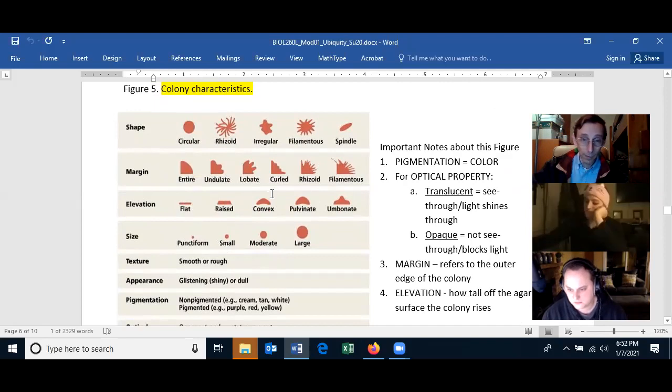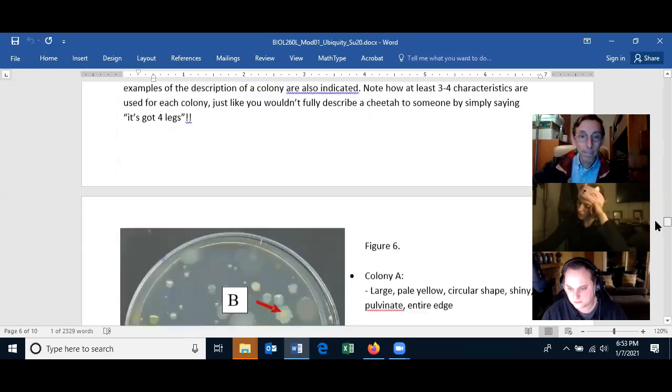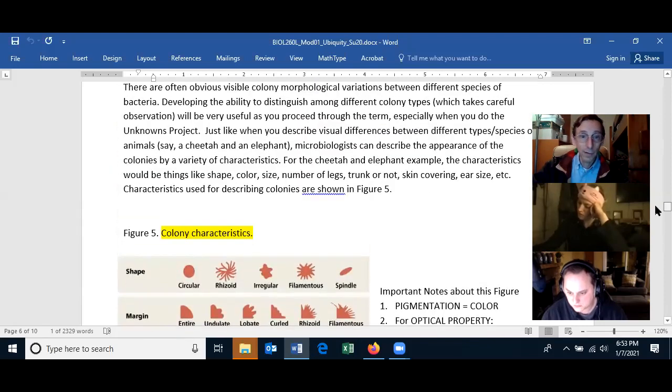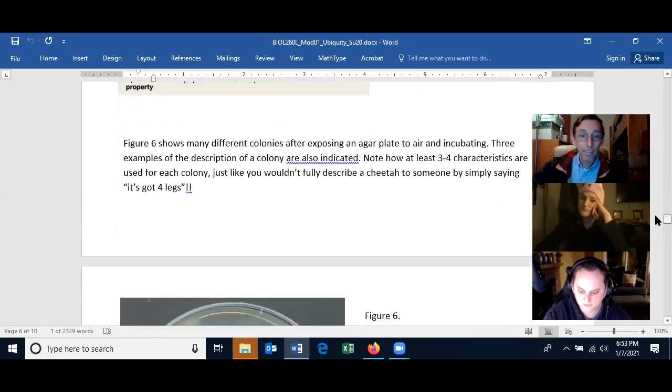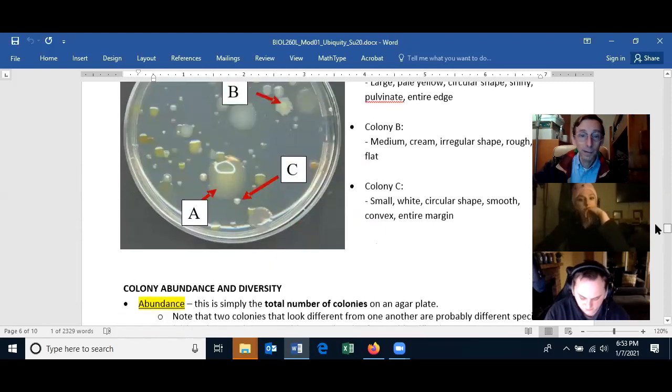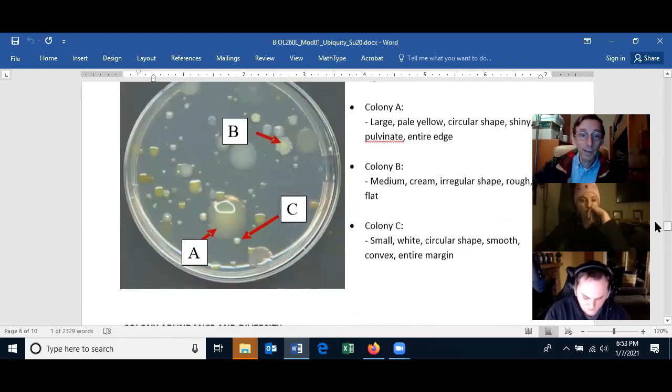And I won't ask you a nasty question like, is this colony undulate or lobate, because those are similar, or rhizoid or filamentous, because once again they're similar. But I will ask you, is the colony circular or is it filamentous? Okay. I'll give you this table to help you. Any questions about that?